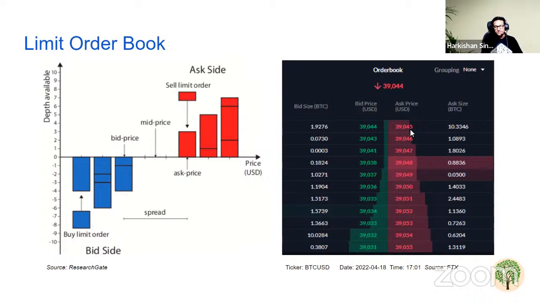Similarly for the ask price, those who want to sell come here. If you place a market order for, say, 1 Bitcoin, and I want to buy, it gets executed here, and this size will reduce to 9.3346. This is called the best ask and best bid price.